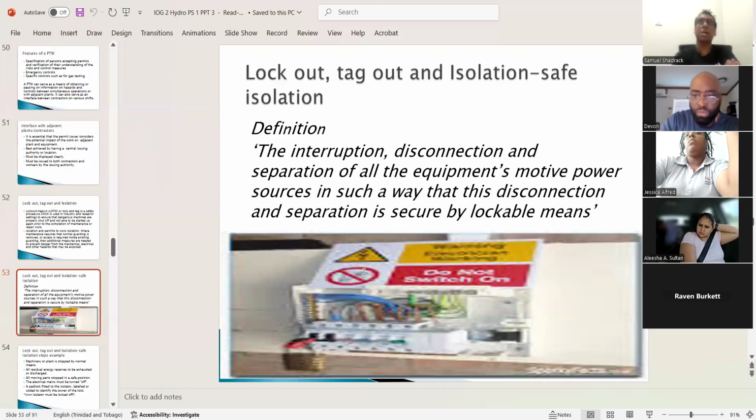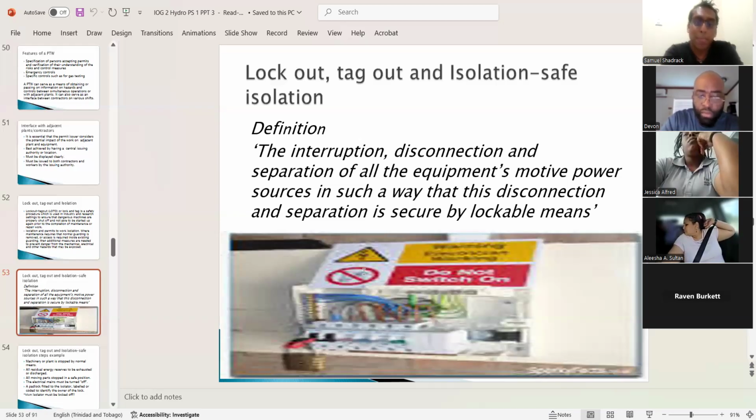But one of the definitions I like is that isolation means turning off all power sources. I think the one I quoted now is from the HSE. Turning off all power sources and preventing them from being re-energized. That's a nice 2-mark definition.